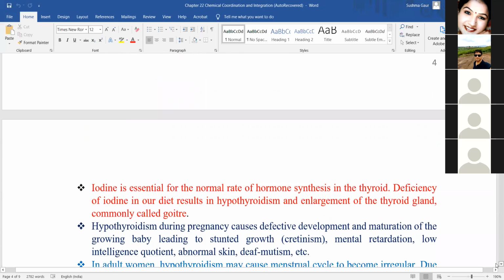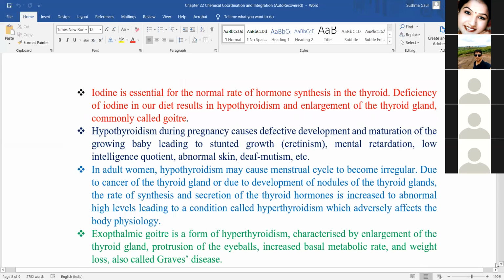Okay. So what is the main thing that is essential for normal functioning of the thyroid? It is iodine. There should be an adequate amount of iodine in our body so that this thyroid gland can work properly. That is why, if there is a deficiency of iodine in anybody, your thyroid will start malfunctioning.